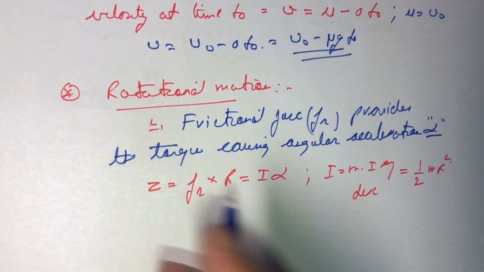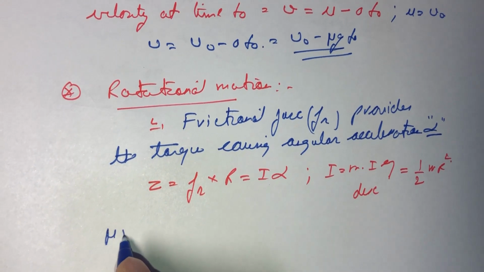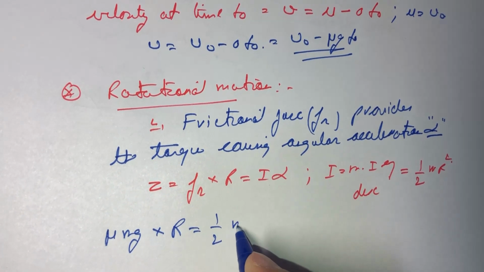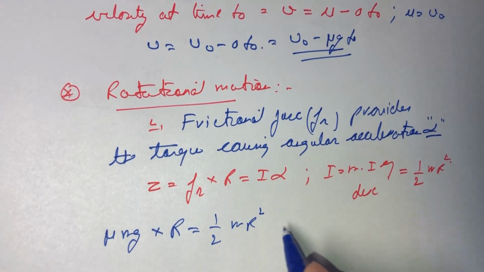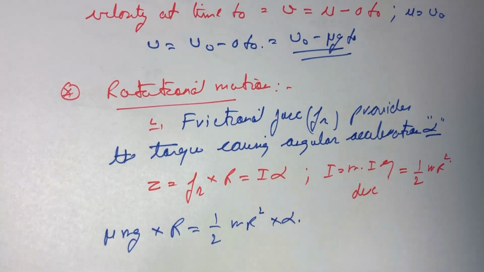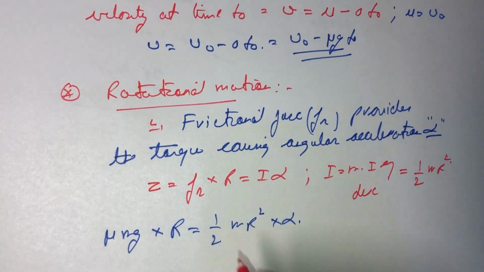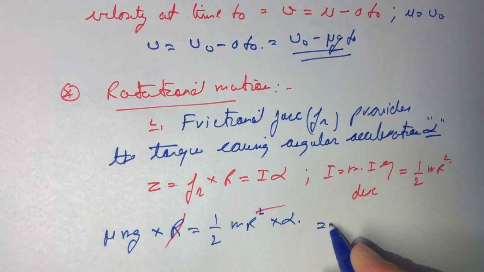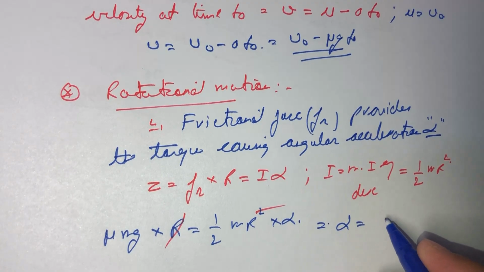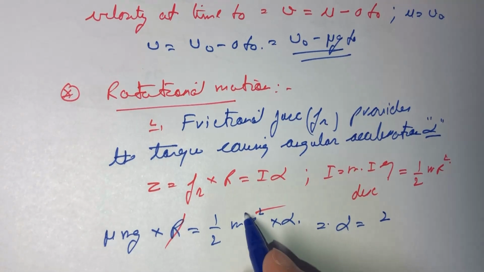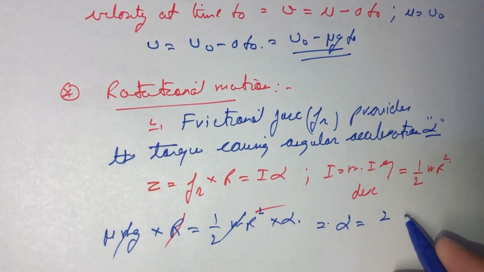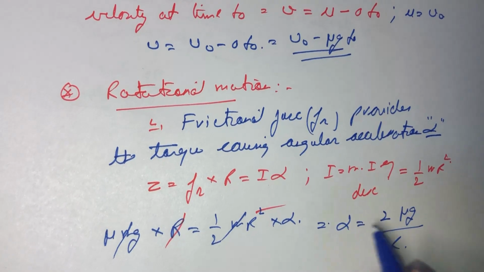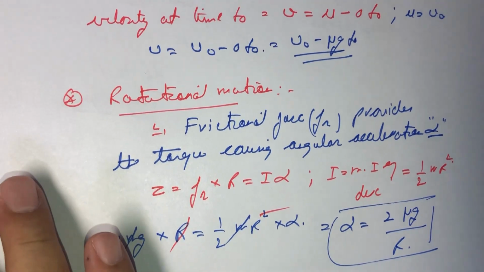So we substitute the value, we get mu mg multiplied by r is equal to half m r square, and we have multiplied by alpha. So this r cancels out with this square. So from here we can say our alpha is equal to 2, mass also cancels out, we get 2 mu g divided by r. So this is the angular acceleration.